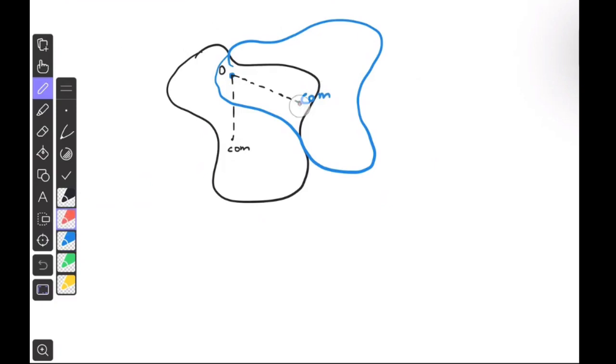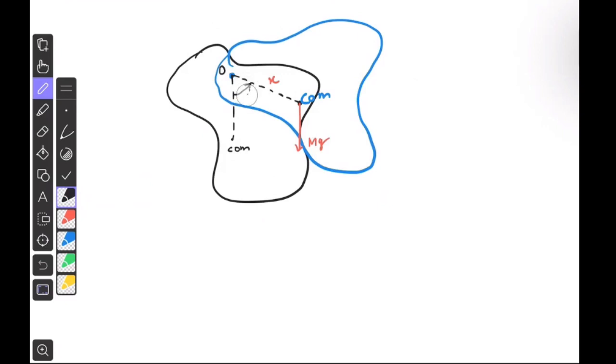But mg will still be acting down. And suppose the perpendicular separation between the center of mass axis and the axis passing through the point of suspension O is x.